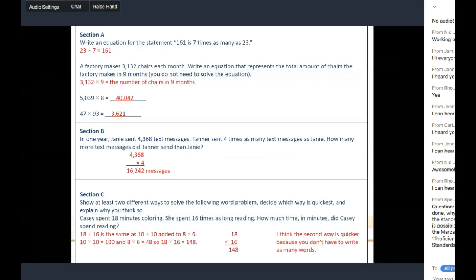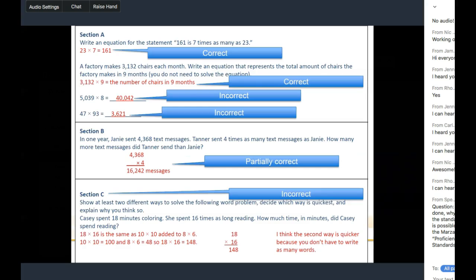And here are some sample answers that a student might give on this assessment. Here is their pattern of responses. They got the first 2 correct. They got the second 2 incorrect. Section B, they got that item partially correct. Section C is completely incorrect.